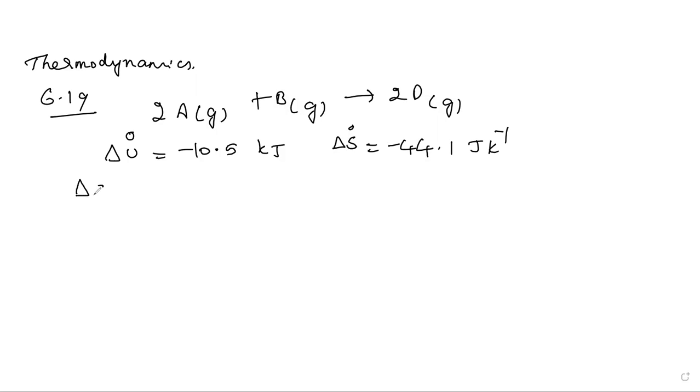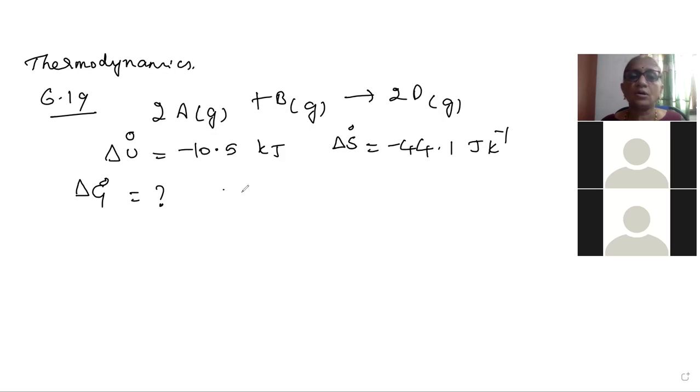You are asked to calculate delta G naught for the reaction and predict whether the reaction may occur spontaneously or not. How will you predict from delta G naught? Last class we discussed this.